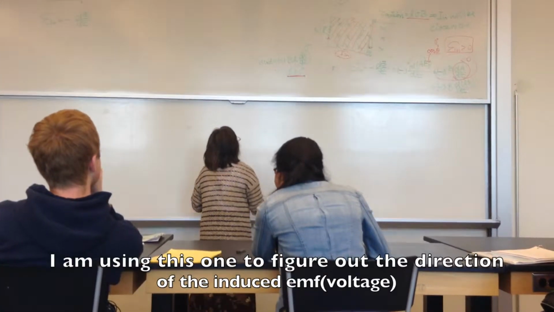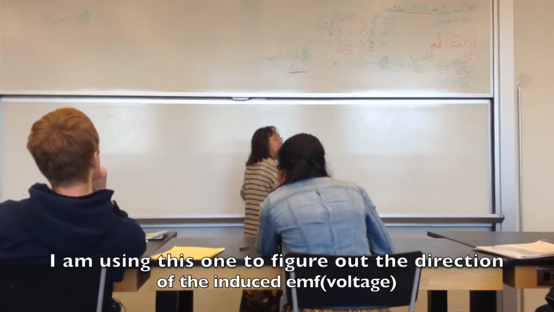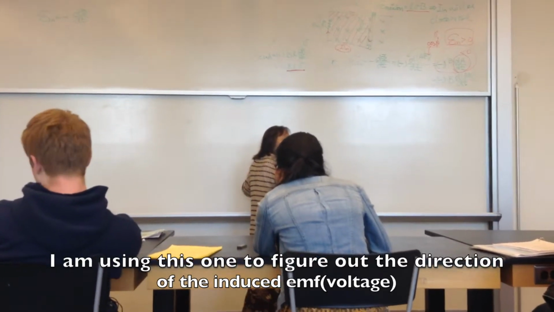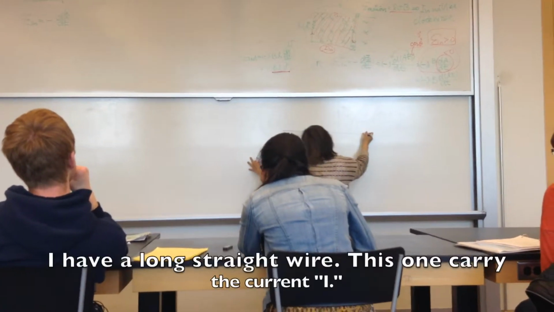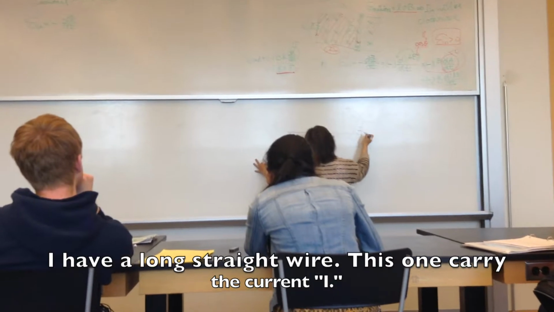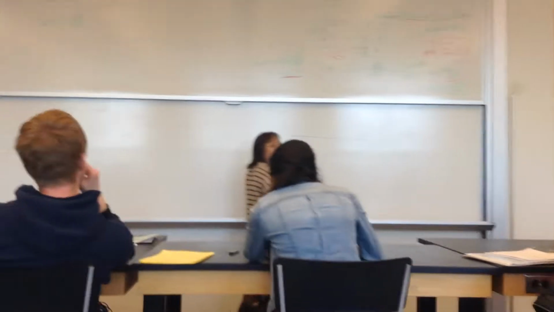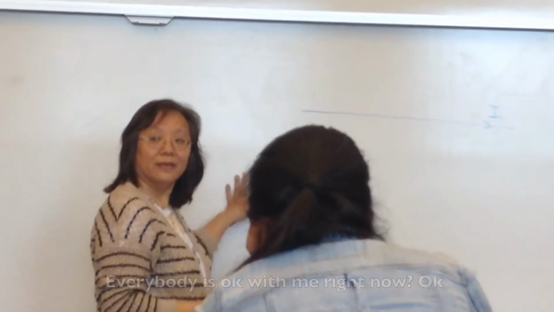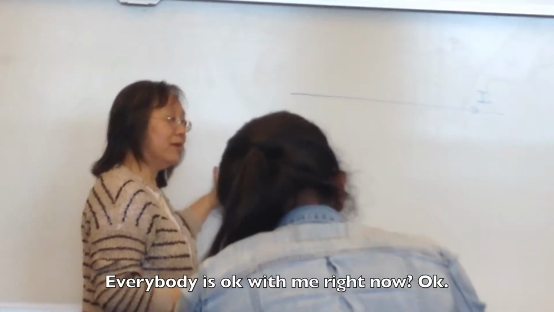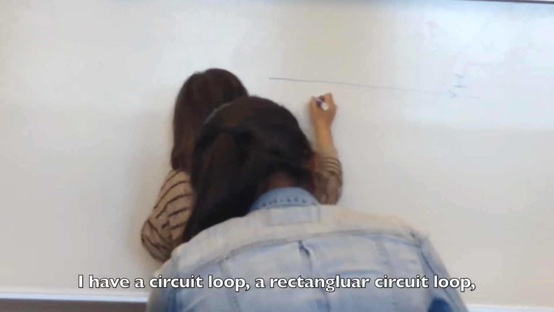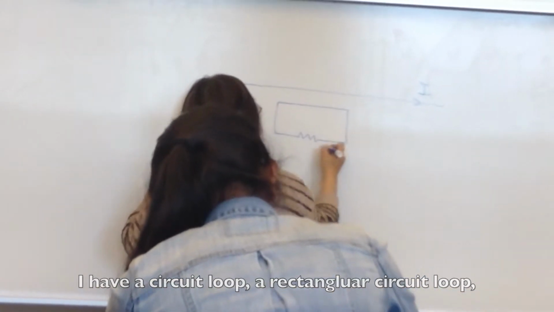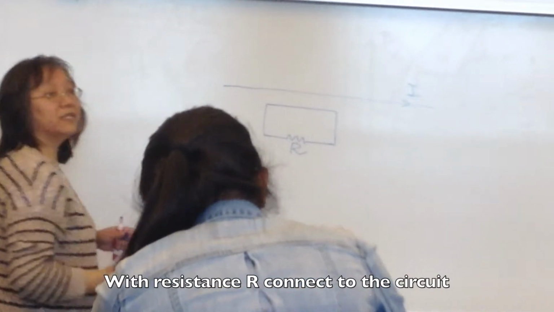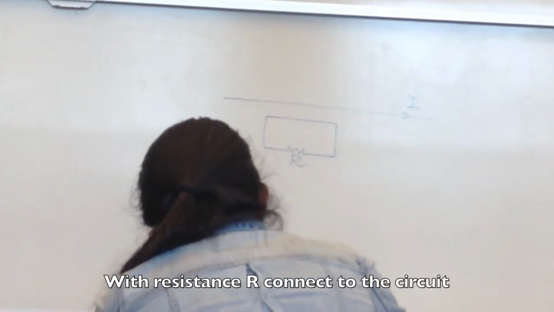Okay, I am using this one as my way to figure out what will be the direction of the induced EMF. Let's look at this one. I have a long straight wire carrying a current I. I have one circuit loop, a rectangular circuit loop with resistance R connected in the circuit.